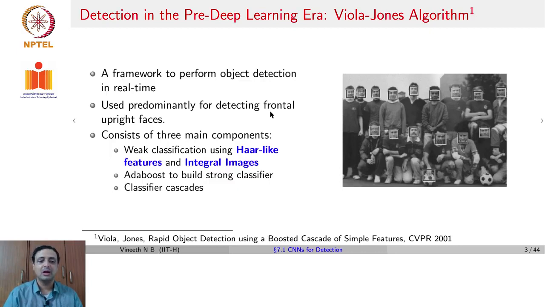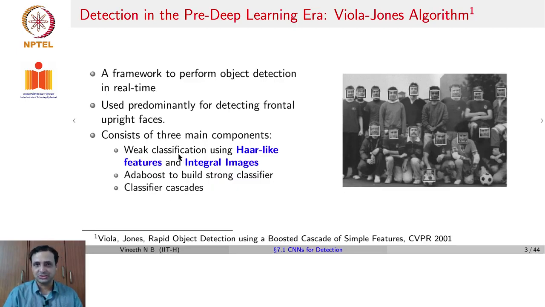This was developed by Viola and Jones, and that's the reason for the name. And this work was published in CVPR of 2001. It is a framework to perform object detection in real time. It was primarily used for detecting frontal upright faces, although it was adapted to detect other kinds of objects or even parts of objects, such as eye detection on a face.